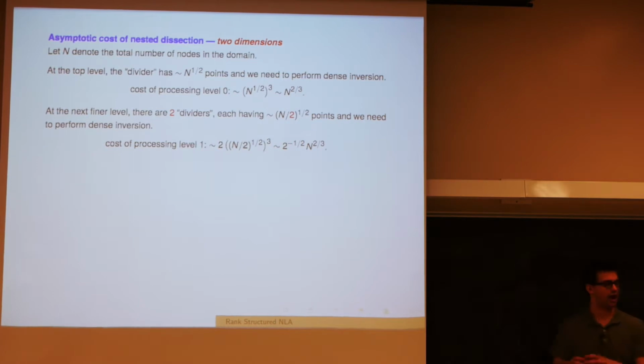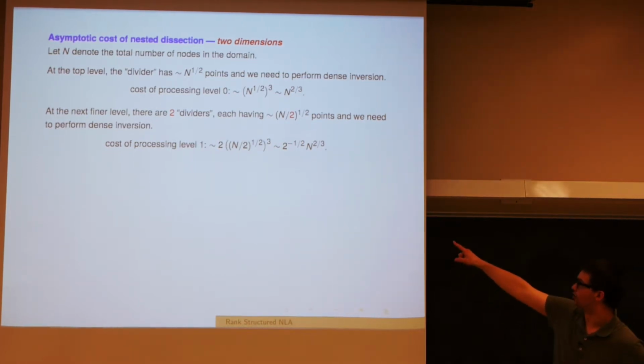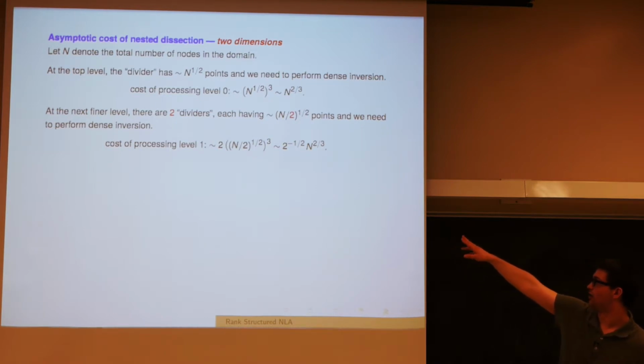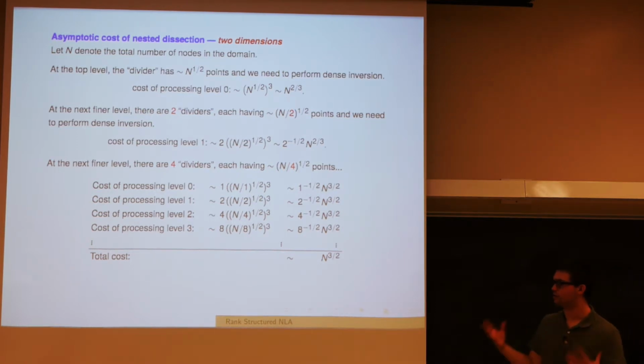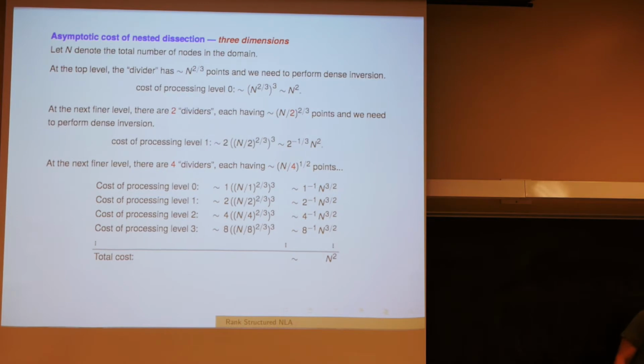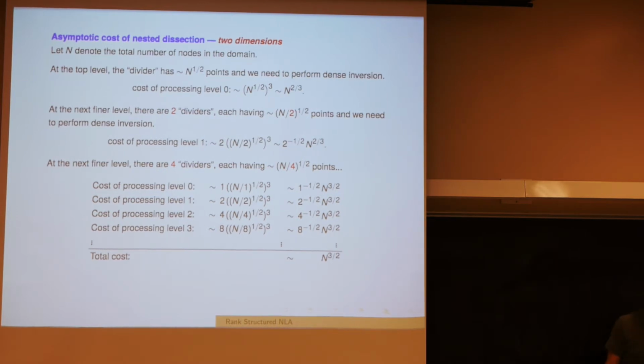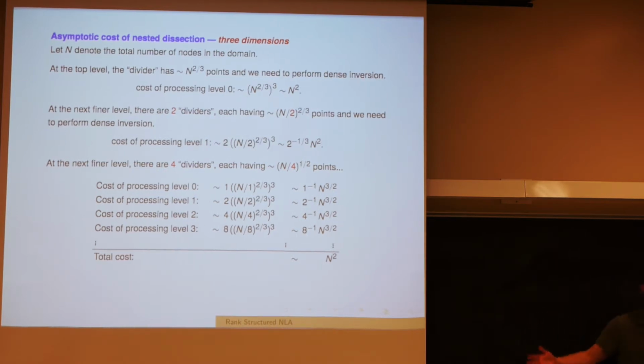Now we go down to a level where we have 2 dividers, and we again perform our dense inversions on the separators, and the cost of processing is 1/2 n to the 3/2. We repeat this process, and the total cost for this whole thing, if we have a 2D problem, is n to the 3/2, or for a 3D problem would be n squared.